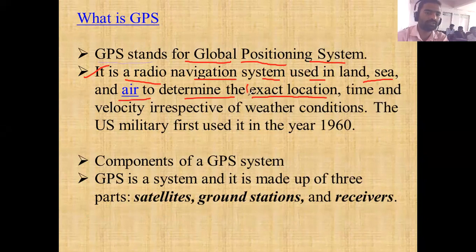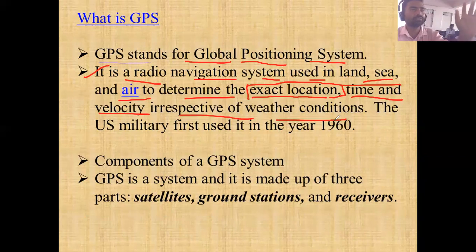This point is very, very important. To determine the exact location, time, and velocity, irrespective of the weather conditions. Whether it is the raining season, summer season, or cloudy, that does not matter. It gives the exact location, time, and velocity of a particular point.